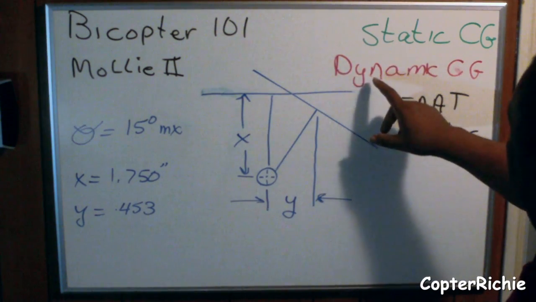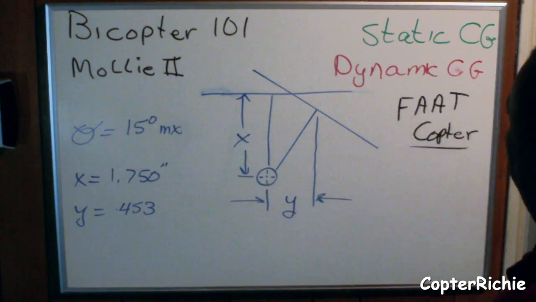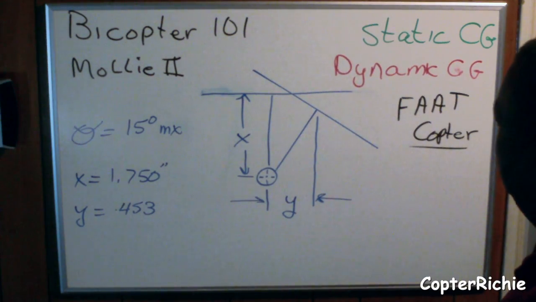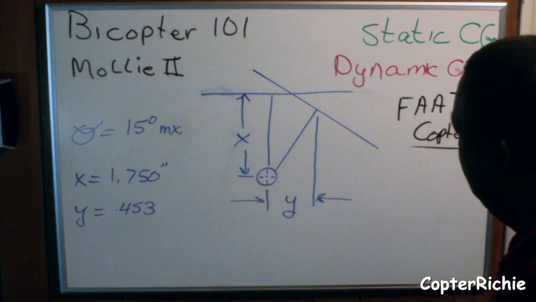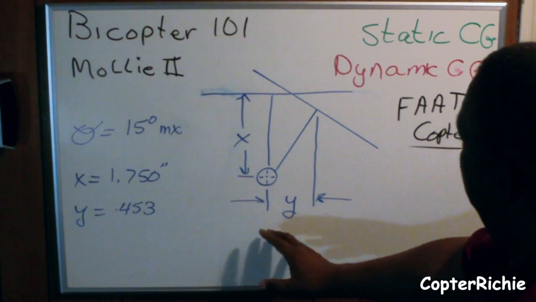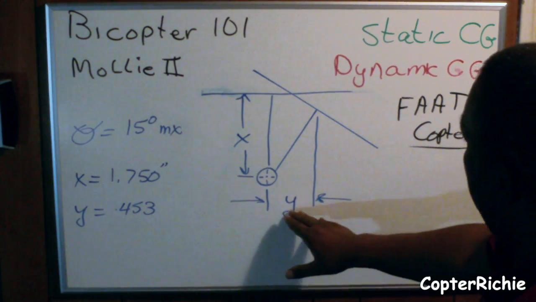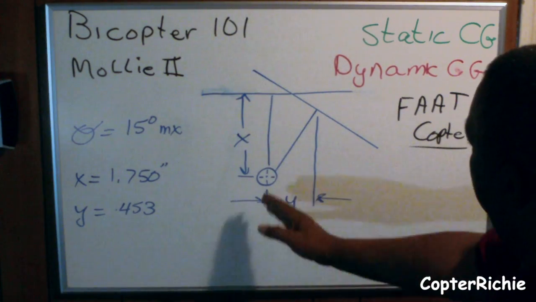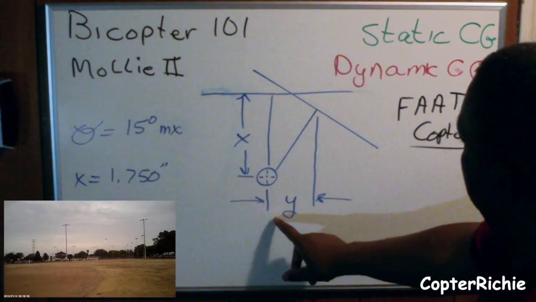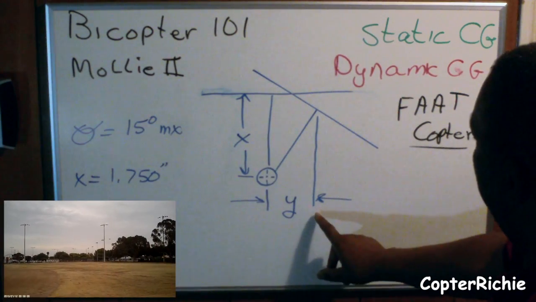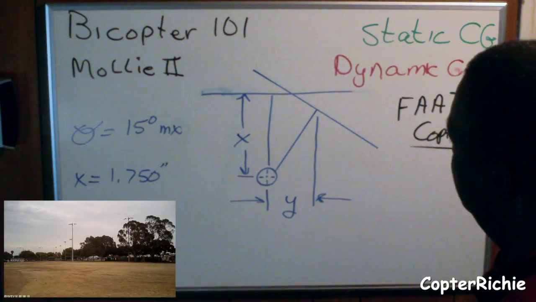Now, I have come up with a new method of dynamically changing the CG, and I call it the weight shifting technology. And what this does is that the CG follows the line of thrust. As the props rotate forward, the CG also moves forward to stay in line with the line of thrust.